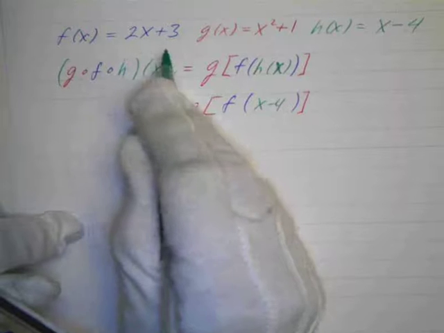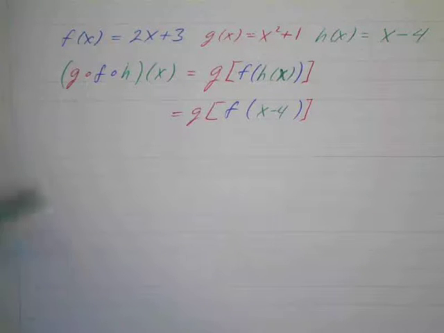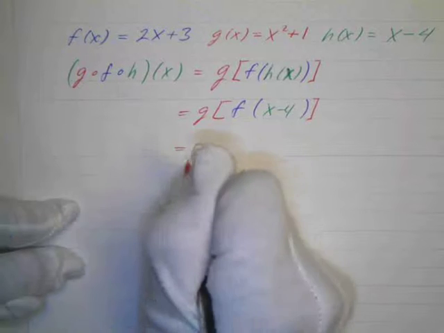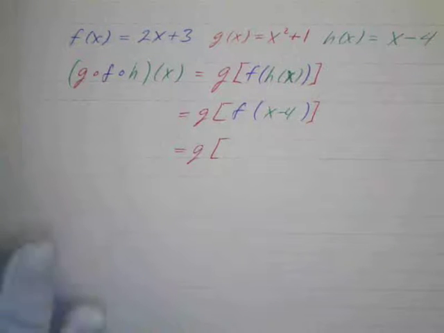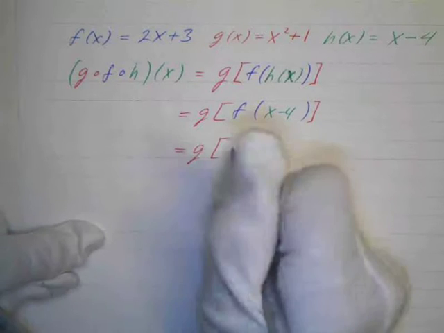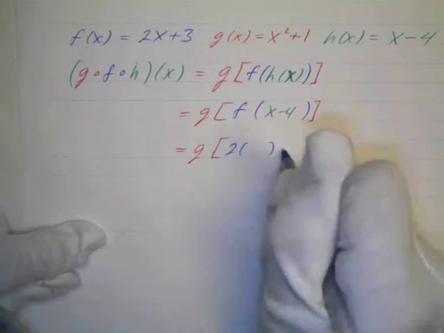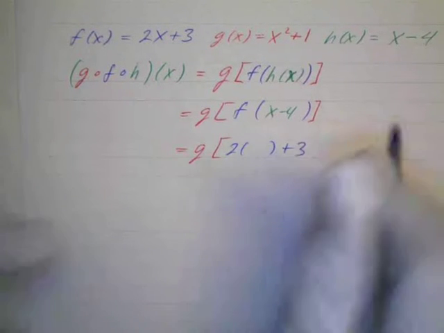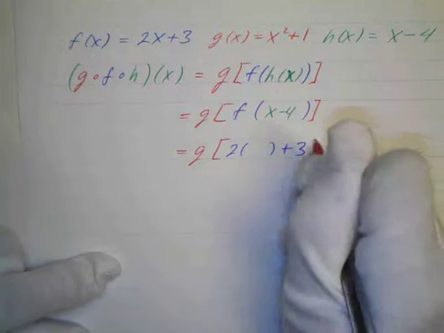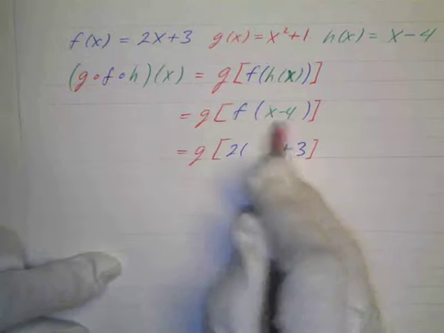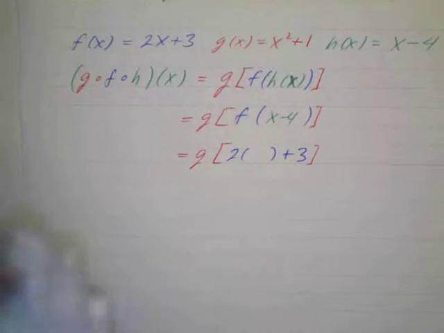Well, f says 2 times something plus 3. That's the f function rule. And what is that something? That something is x minus 4, so that goes right here.